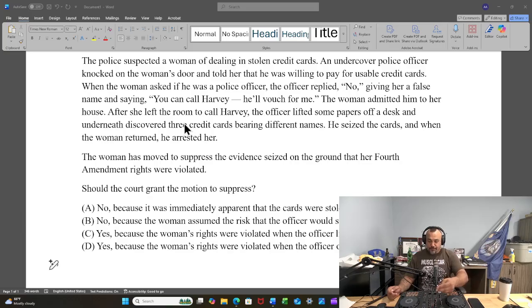But think about it. In real life, the cop might just toss the papers aside and say in his report, hey, I found them. They were just sitting right there. So he would be basically saying, I had lawful permission to be there. I had the right to be there. She let me in. Doesn't matter that I deceived her and didn't tell her I was an undercover cop. That doesn't matter.